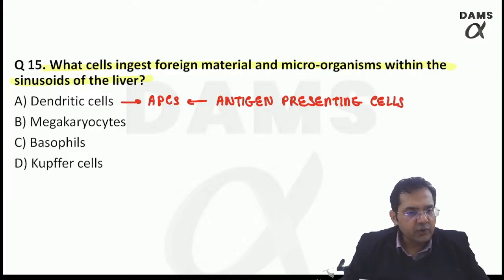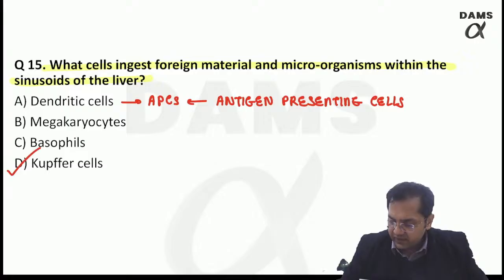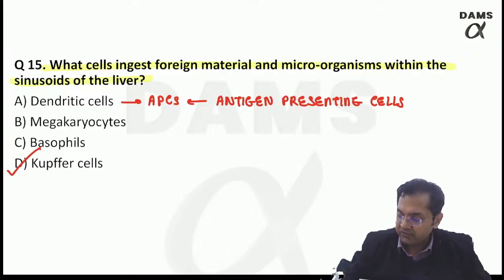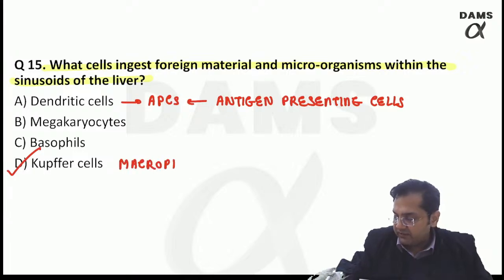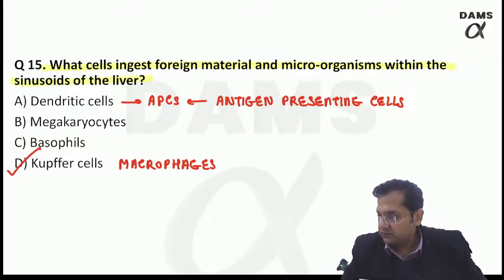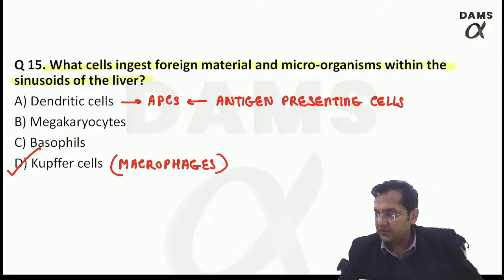Megakaryocytes, everybody knows, give platelets. So the answer is none other than Kupffer cells. Kupffer cells are specific macrophages in the liver or hepatic sinusoids. Yes, that is the correct answer.